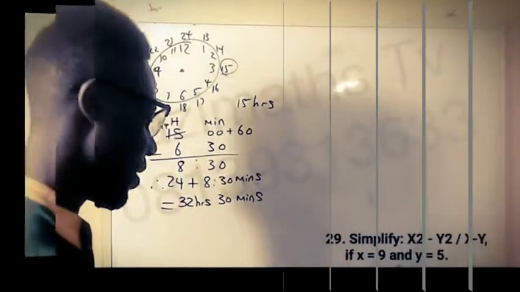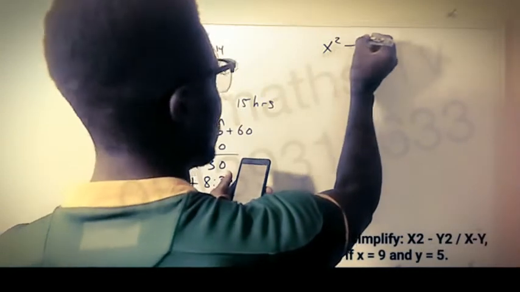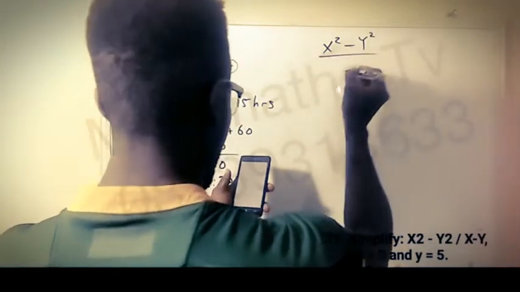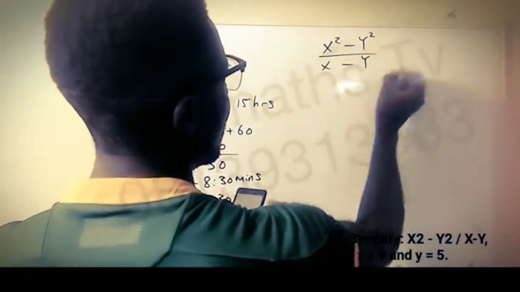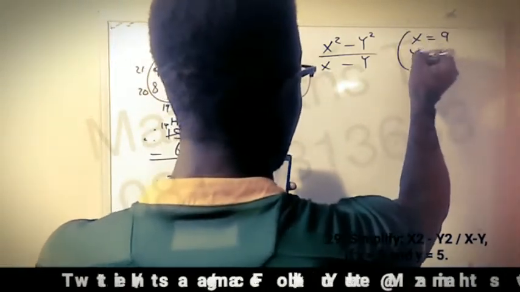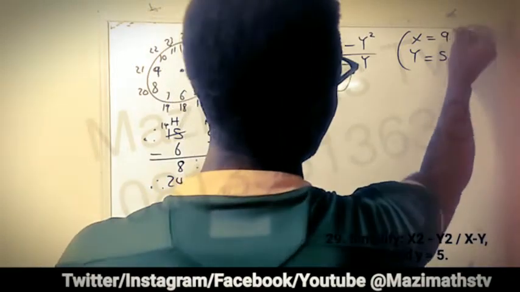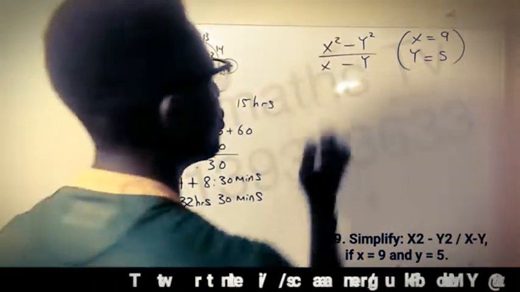So, simplify. You have x raised to power 2 minus y raised to power 2 over x minus y. Meanwhile, the value of x is 9 and the value of y is 5. Okay, so having established that, now let's solve the question.